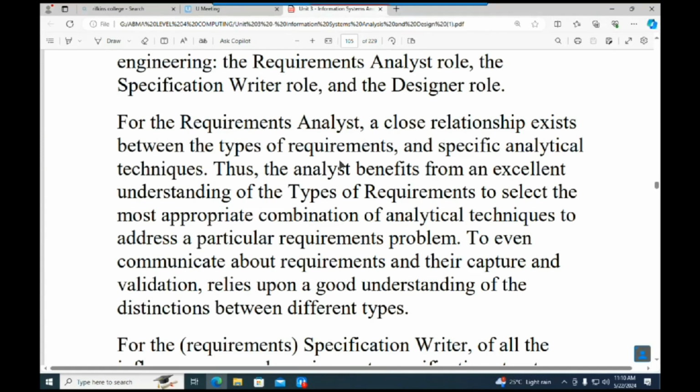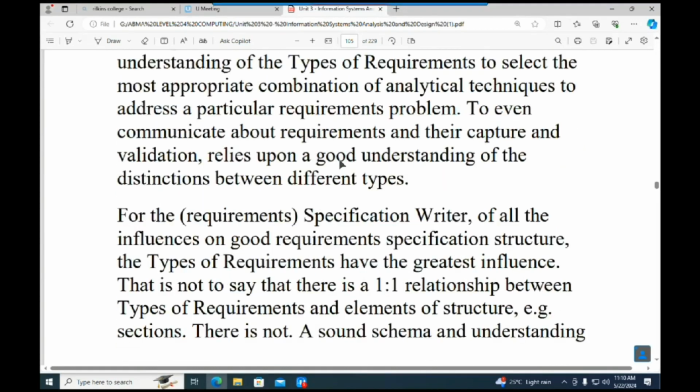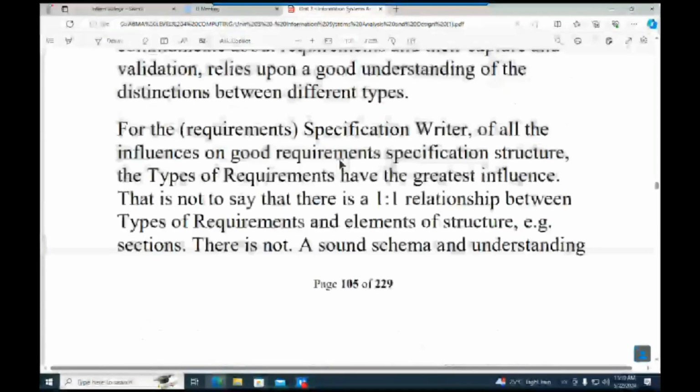So the analyst is going to benefit greatly if he understands the different types of requirements that are there, so that he can select the most appropriate combination of the techniques. Now, to be able to communicate about the requirements, their capture, their validation, is going to rely on a good understanding of those distinct differences.